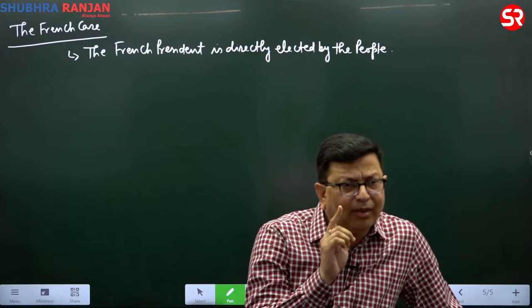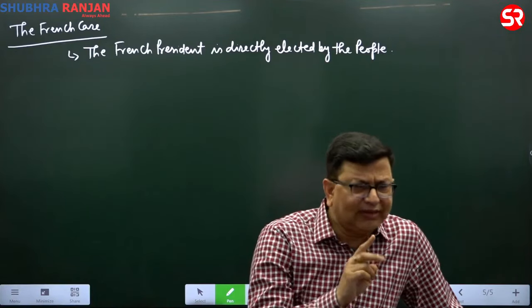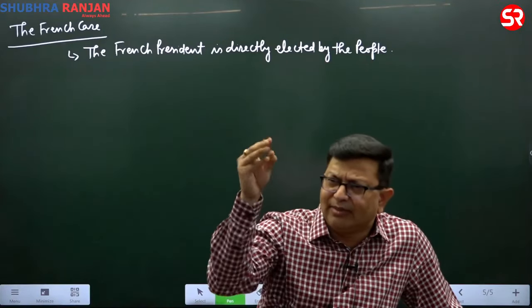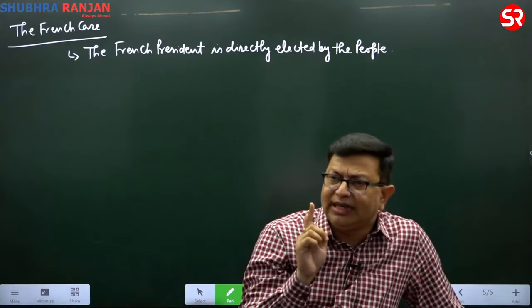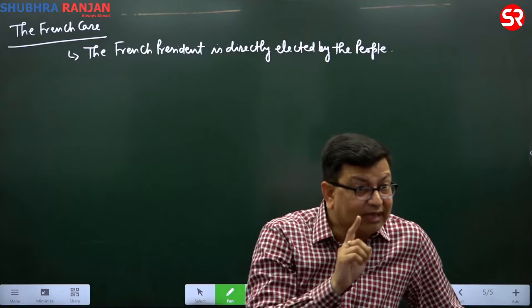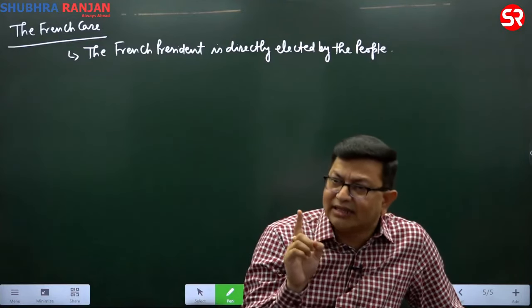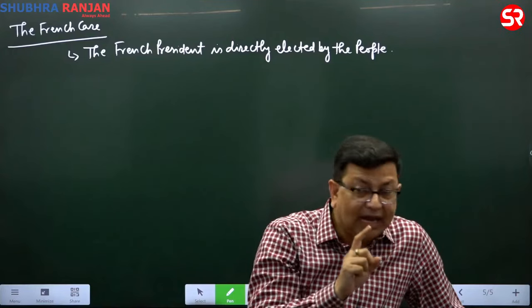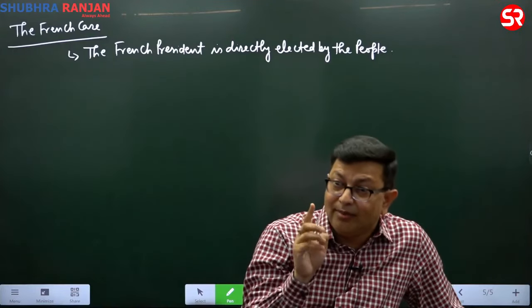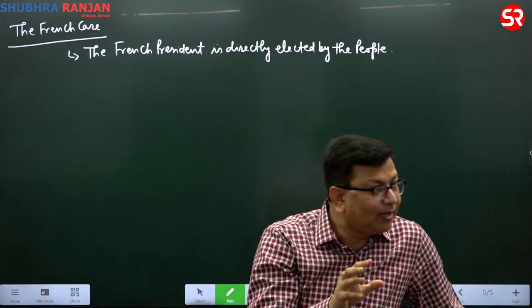In a contest, if there are two candidates, obviously one will get the majority, the other one will not. But if it is a multi-cornered contest, then the chances are that the votes can be distributed and a candidate may not get a majority.